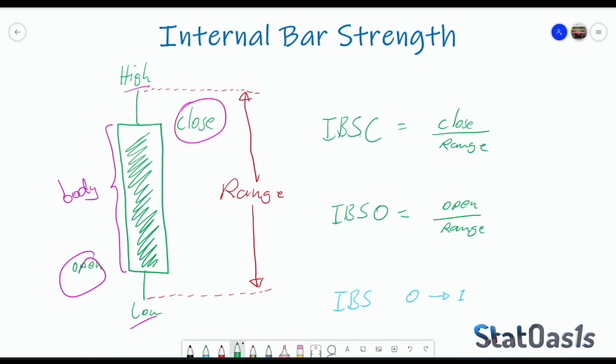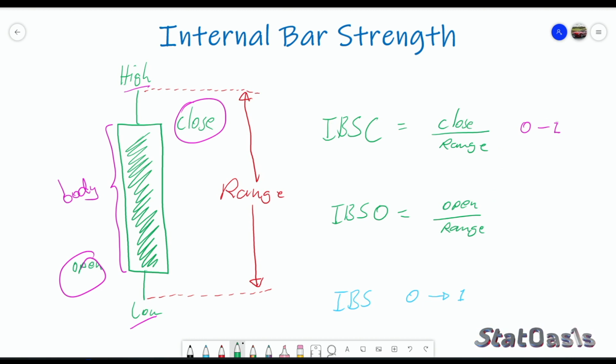So internal bar strength, as its name suggests, measures the strength of the bar, and it does this by measuring where the close sits in the range. So if you divide the close by the range, you will get a ratio that goes from 0 to 1. It's always going to be from 0 to 1.